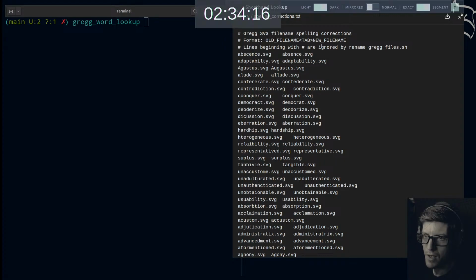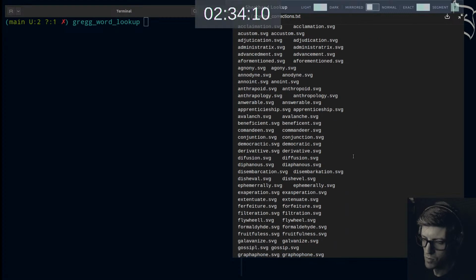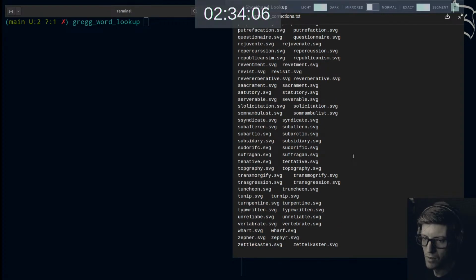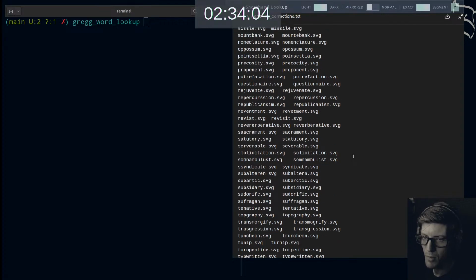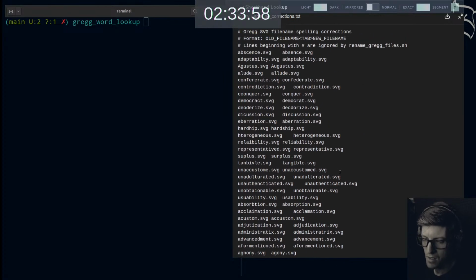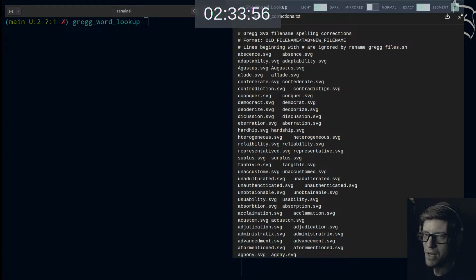You see we have our spelling correction. All right, the format is file name tab new name. Okay, so this would be a tab delineated list. Okay, so this is the example of all the words that need to be changed and updated to their correct value. Okay, so as you see there, these are all the words. This would be called a tab delineated list, or a TDL, right?